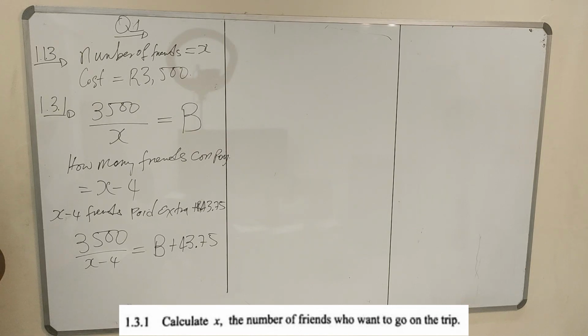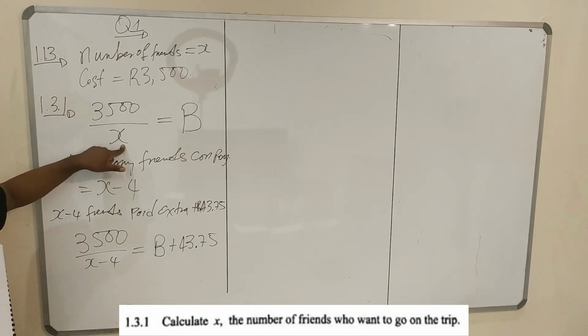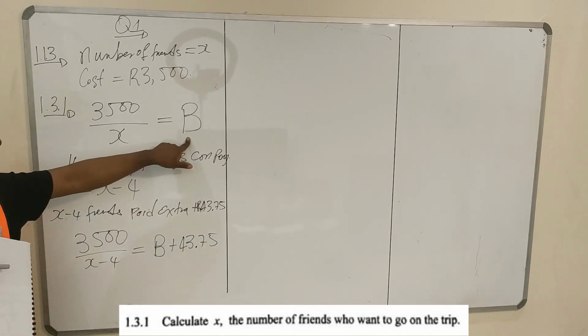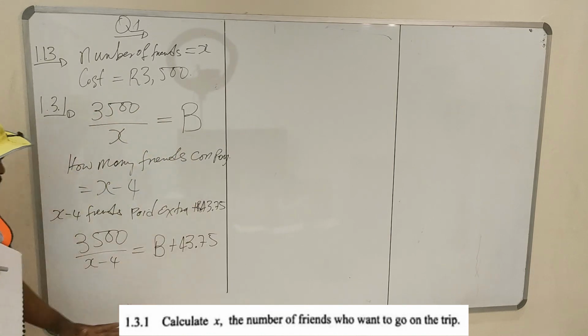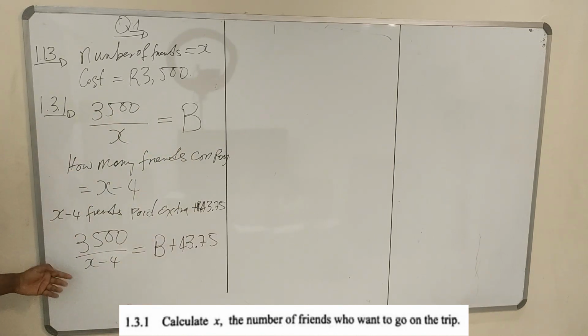Do you have questions? If you have x friends, you found that they should pay b rand each. Now you have x minus 4 friends, and you were told they would pay an extra 43 rand 75.